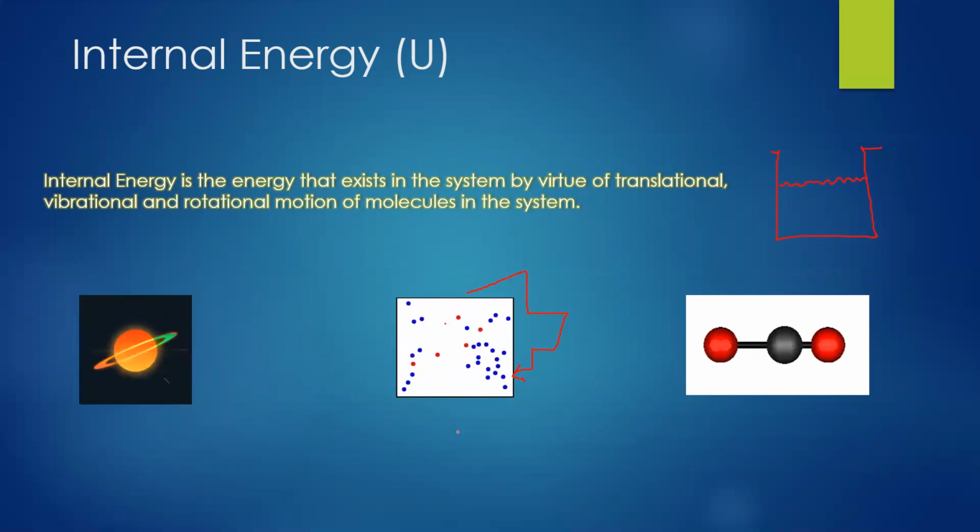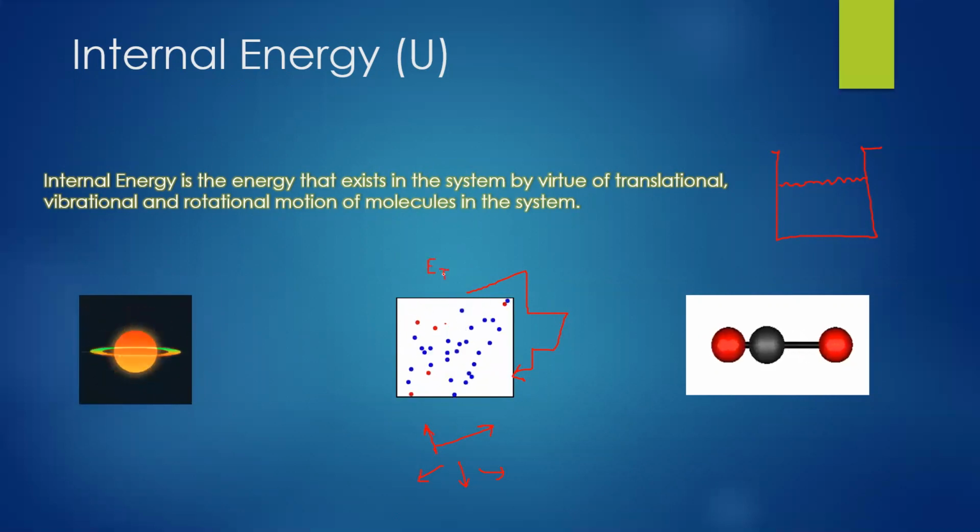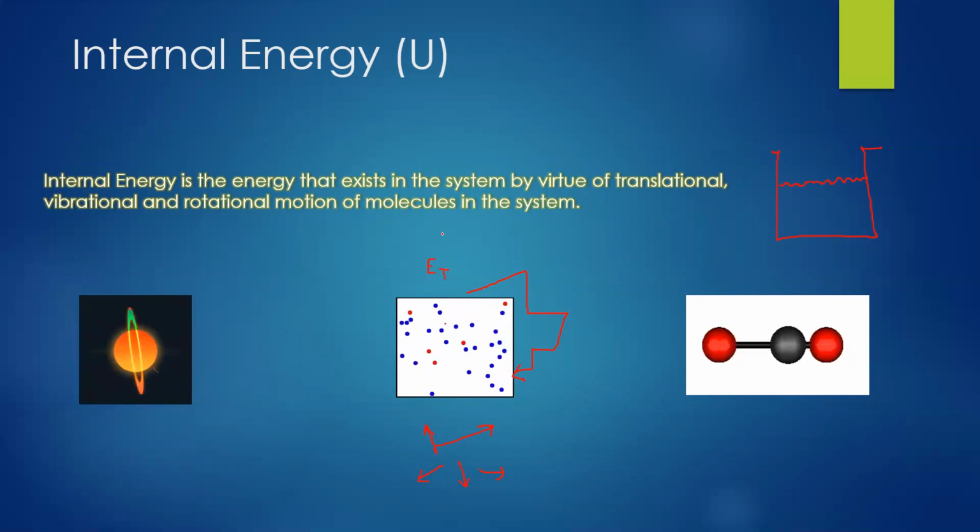They are moving like this, some in straight line paths. So this type of motion is translational motion. Because of this, there would be some energy present in the molecules. Let's call it ET.